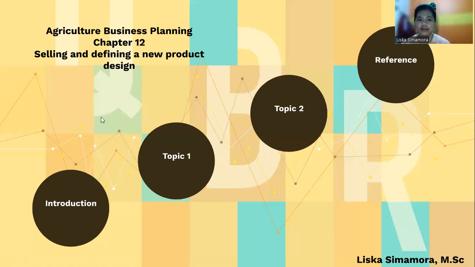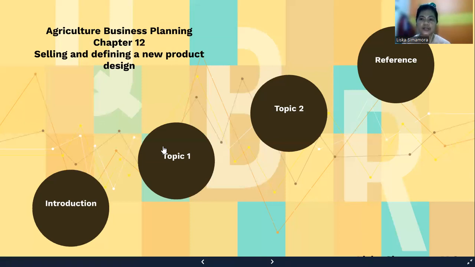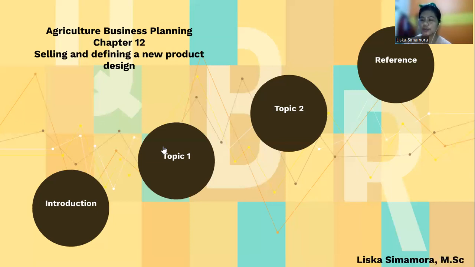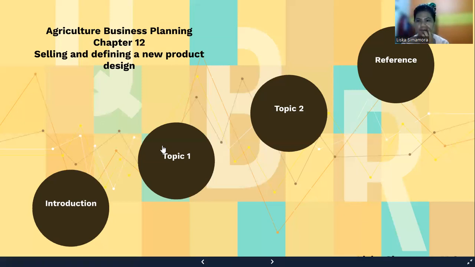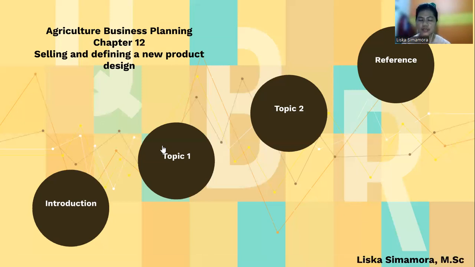And in this one, from topic 1, the important thing is how you define a new product, whether it is suitable with the technologist or the marketer is not really important, but the most important one is that the product you create is something that can fulfill your customer needs, that can solve your customer problems. That is important.